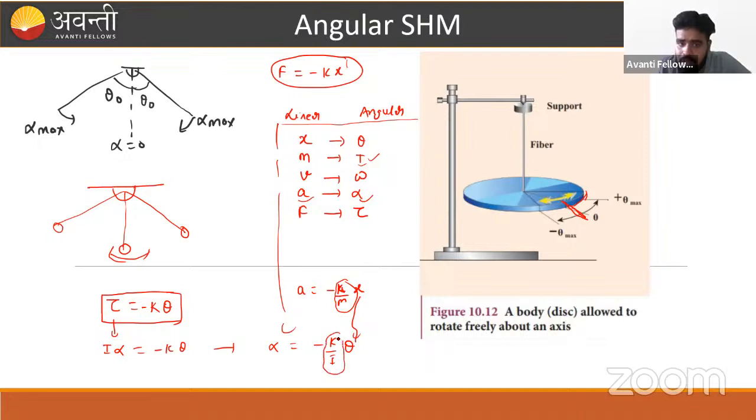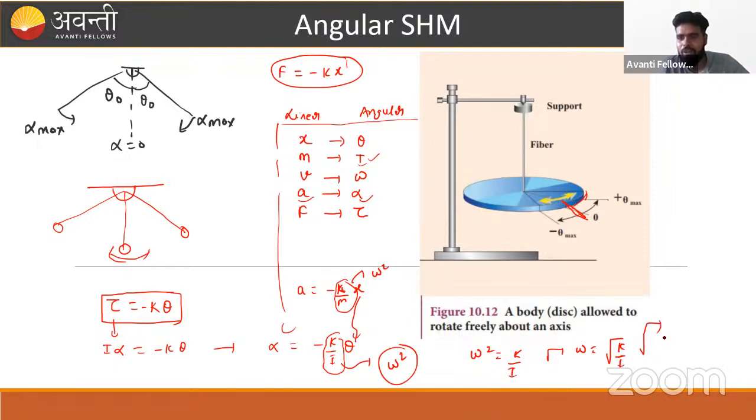So this K by I performs the same task which is performed in the linear SHM by omega square. It means K by I is nothing but omega square here. Once we get omega square equal to K by I, we can say omega equals root K by I.